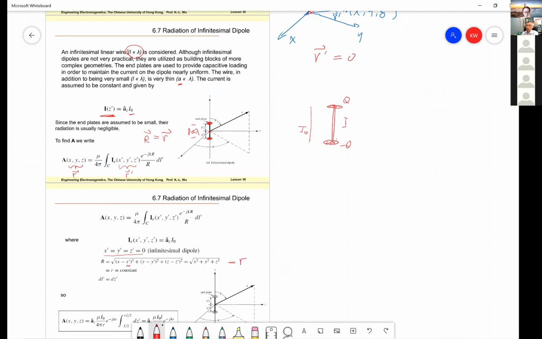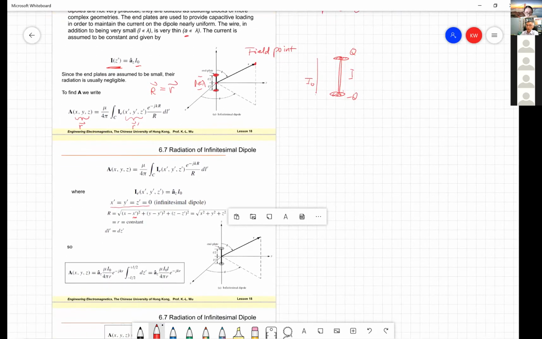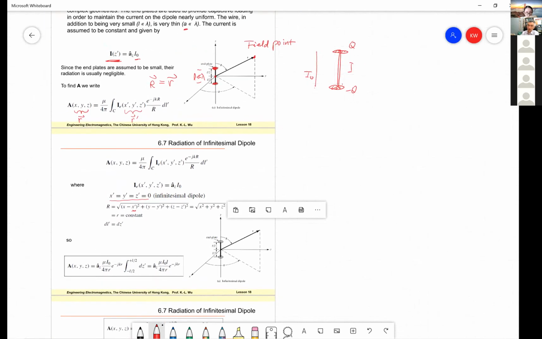Then for a given observation point, or field point, we know X, Y, and Z. Now we do the integration. Because the current is a constant, I take it out.